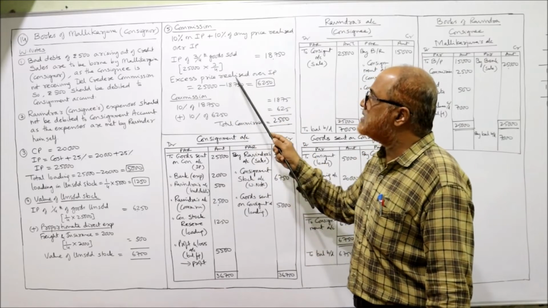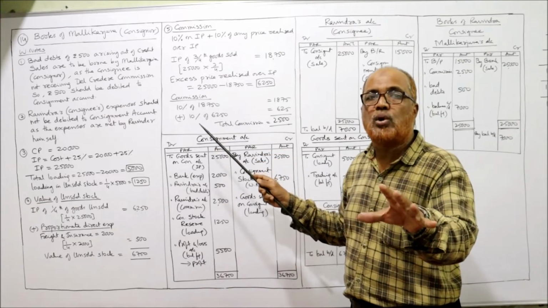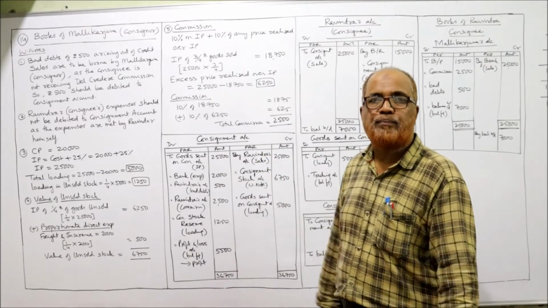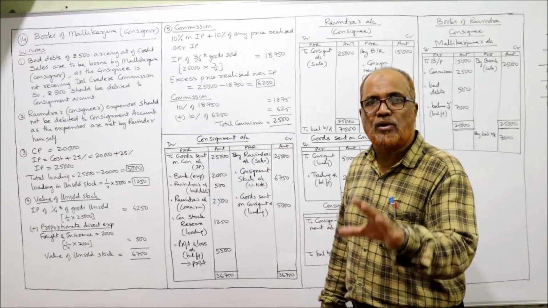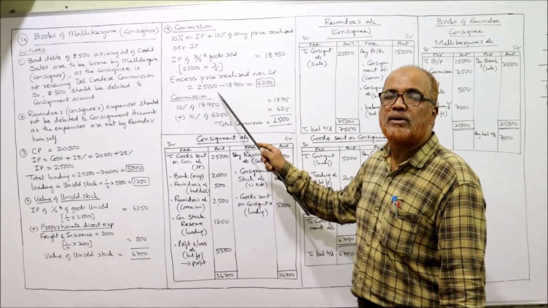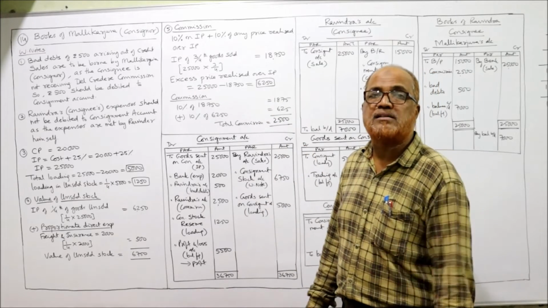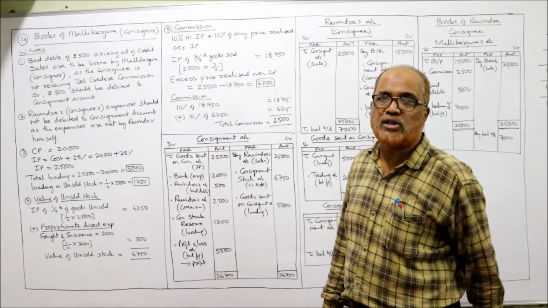Now the excess price realized over invoice price: the goods are sold for 25,000 as given in the problem. The actual goods are sold for 25,000, whereas invoice price is 18,750. So how much is the excess price realized? 6,250 is the excess price realized over and above invoice price.